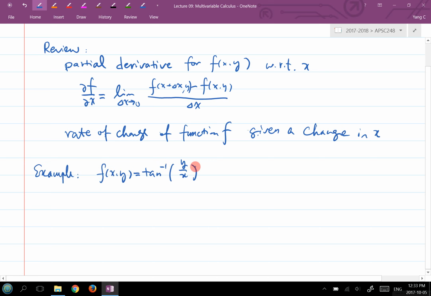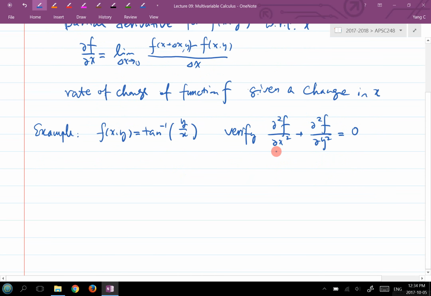Given a multivariable function f of x, y, which is described by this function right here, we want to verify that this equation is valid.